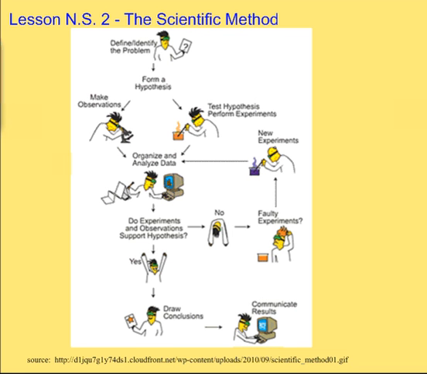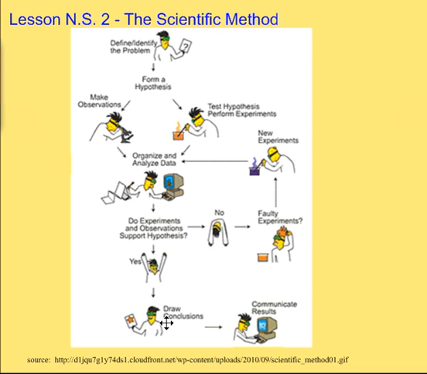And if the data does support your hypothesis, then you can write up the experiment that way. If your data does not support your hypothesis, that's the sad scientist right here, there might be a problem with your experiment, or maybe your hypothesis was incorrect and you have to go back and do a new experiment and then follow through with these last steps.